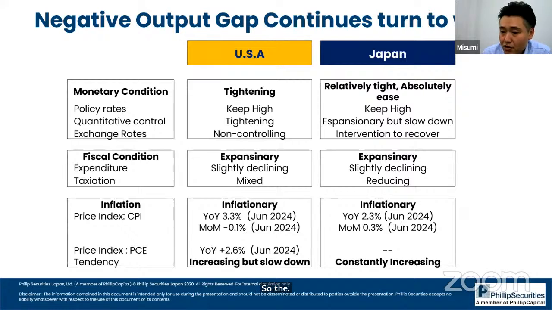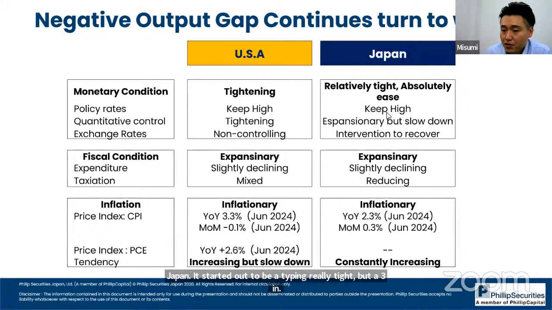So we're talking about how Japan and USD policy are different. The monetary condition in the USD is apparently tightening, but Japan is relatively tight, yet absolutely in an easing case.